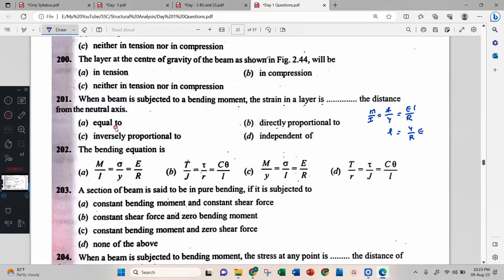Now what is the strain? Therefore strain is equal to y by R. Y is the distance from the neutral axis. Therefore strain and y are directly proportional.